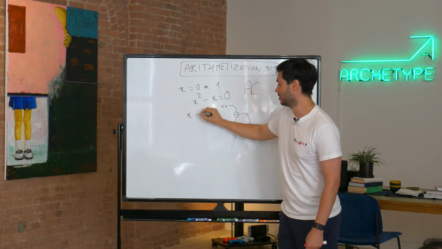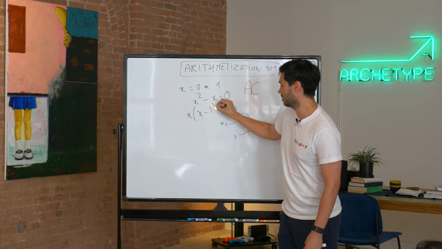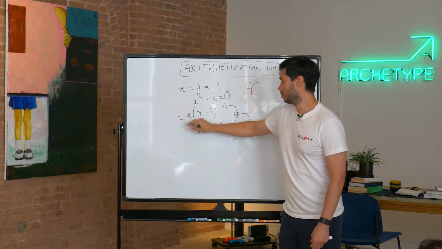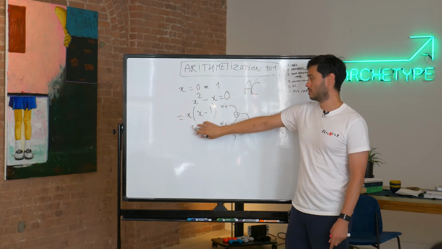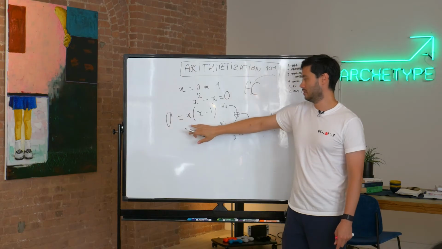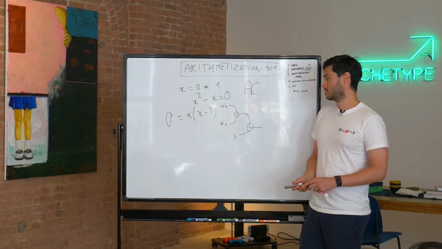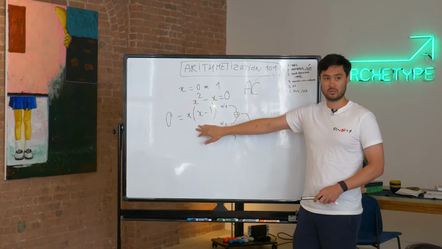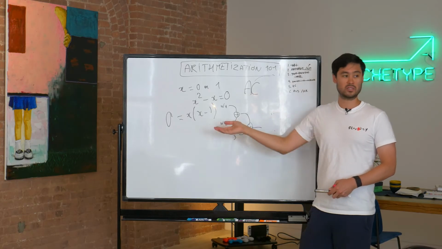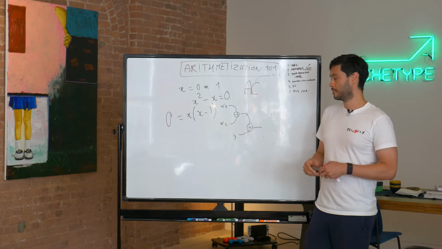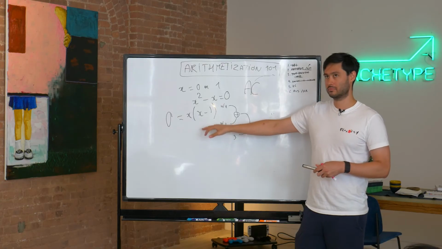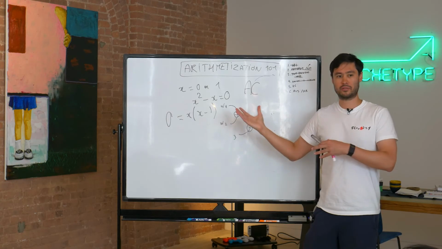I guess for me it's easier to see it like this. But yeah, this equation is basically true if x equals 0 or 1, right? And so that's what we call a constraint. That's one example of how we write logic using math.